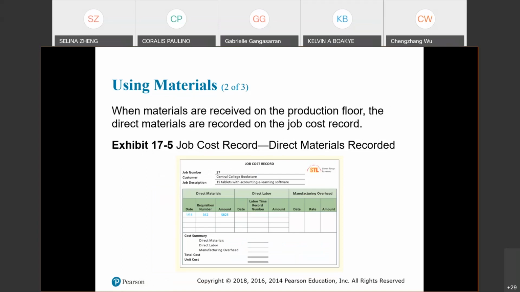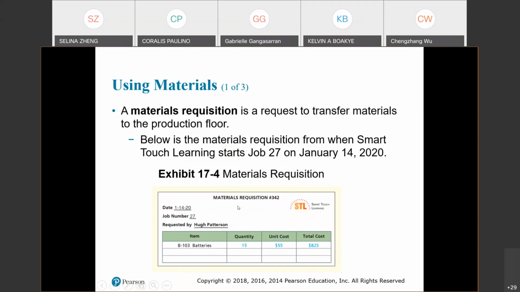So once the materials are used on the production floor, the requisition should be recorded on the job cost record, as you can see. Previously, we had the materials requisition for batteries at a total of $825.